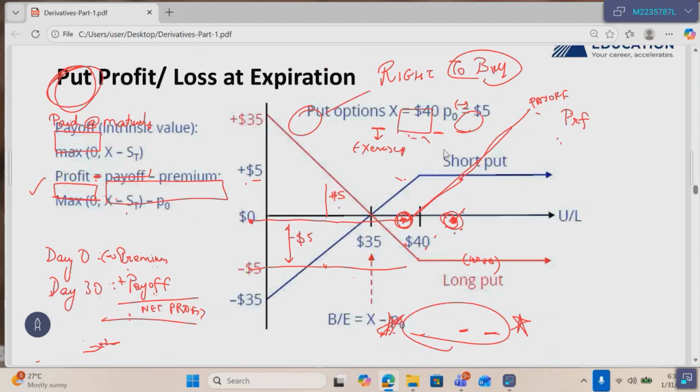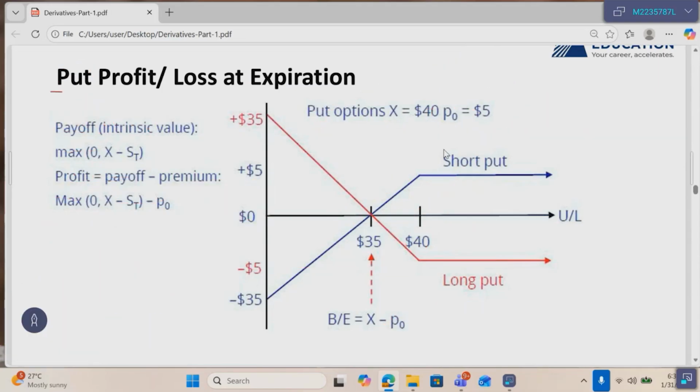Now, same concept, but the answer and the diagram change because I'm now looking at a put. Put is the right to sell. So if I decide to sell something at a price of $40 and I paid $5, this time I want the price to fall below 40, because I will make money only when the price becomes 30.